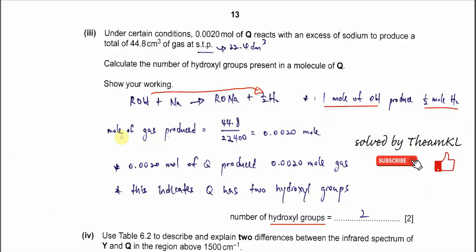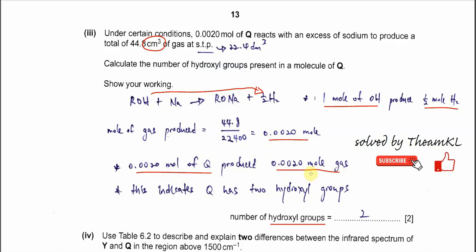Now, let's calculate the moles of the gas produced. Because it's 44.8 cm cube, you need to use 44.8 over 22400 cm cube. Convert the dm cube to cm cube, and you get 0.002 mole. So after calculations, we know that the moles of gas produced is 0.002 mole, which is the same as the moles of Q. So 0.002 moles of Q produce 0.002 moles of gas.